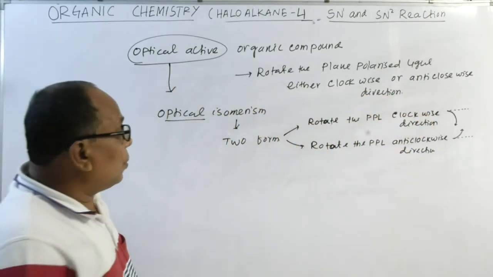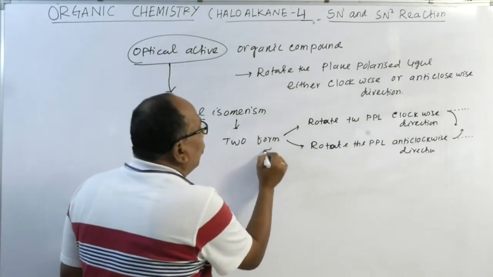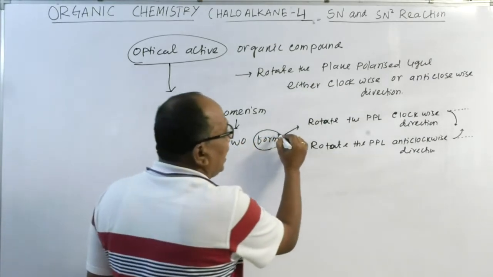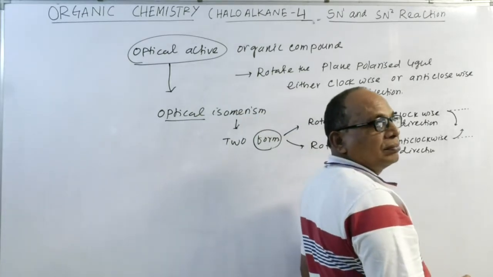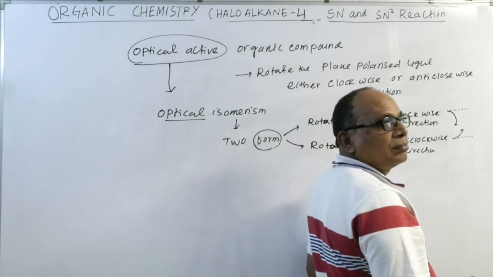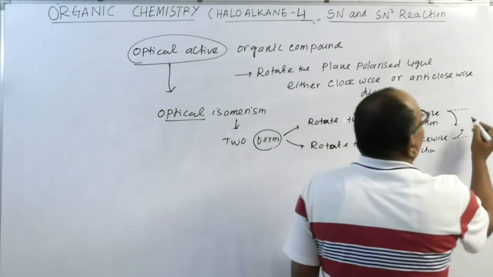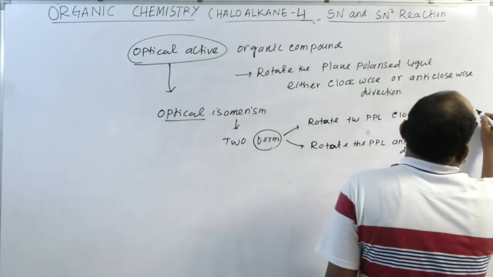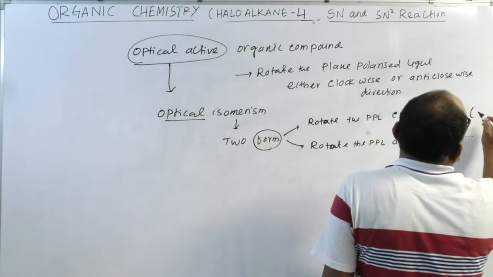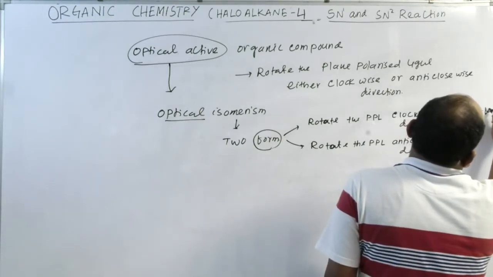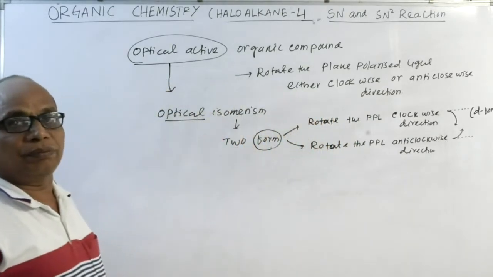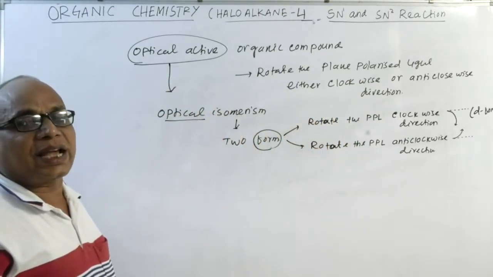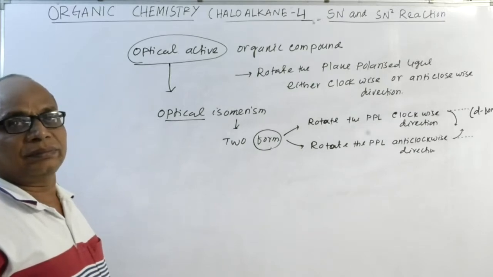The isomer, the form which rotates the plane polarized light in a clockwise direction, you can say this is the D form. D means dextrorotatory.